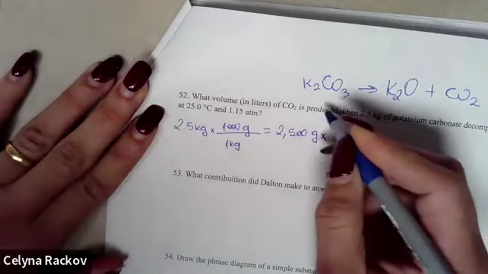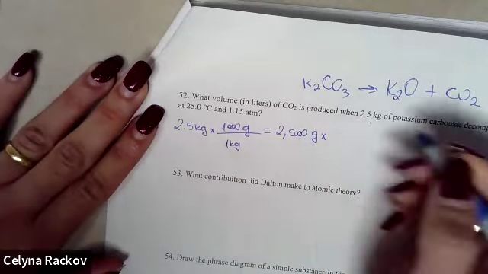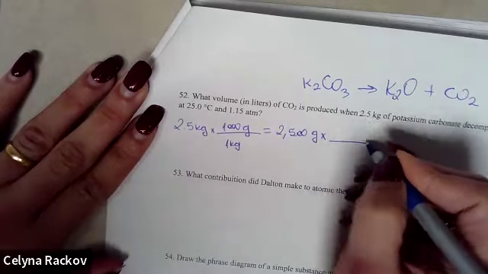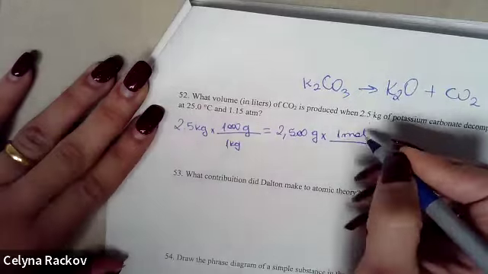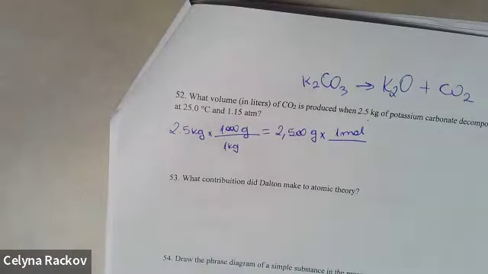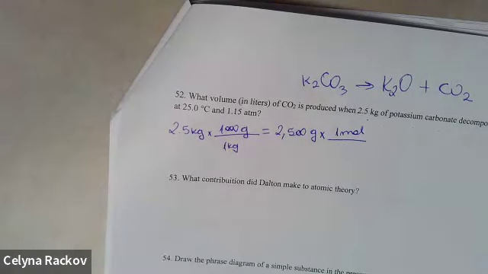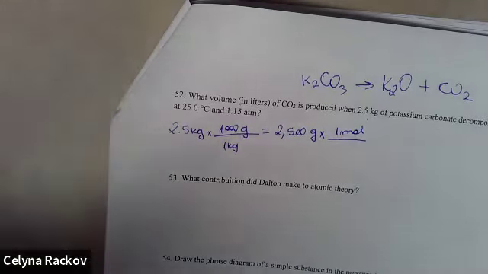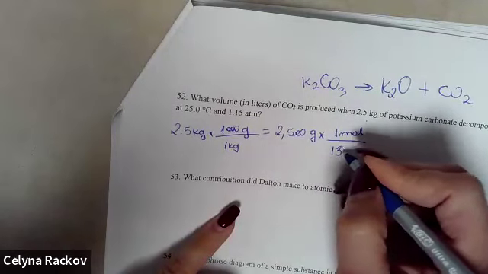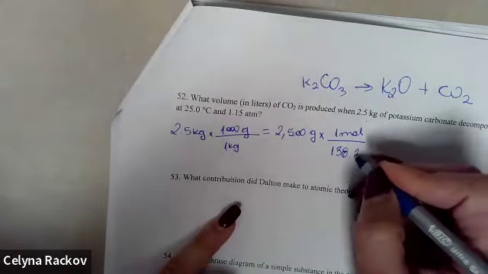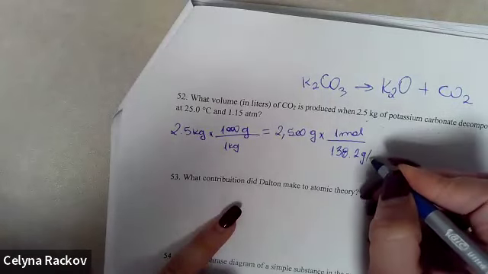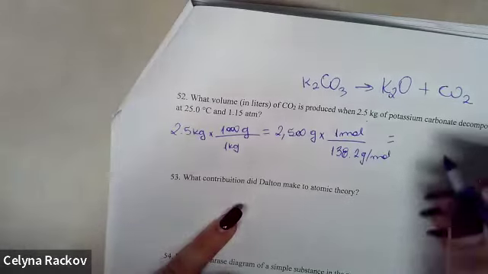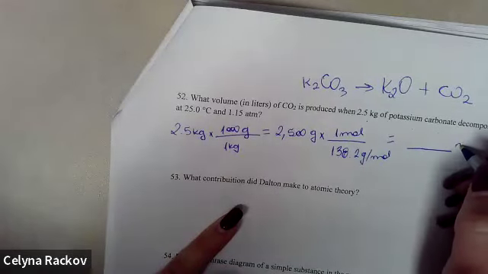Then after you have the grams, you are going to convert from grams to moles. Take 1 mole. What's the molar mass of potassium carbonate? It is 138.2 grams per mole. So how many moles will we have here? Find this number of moles.